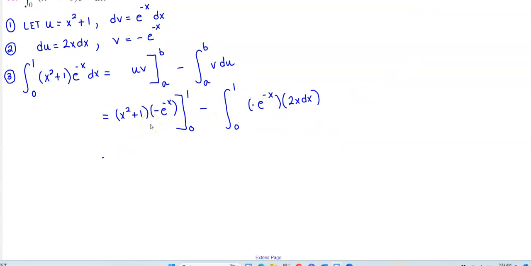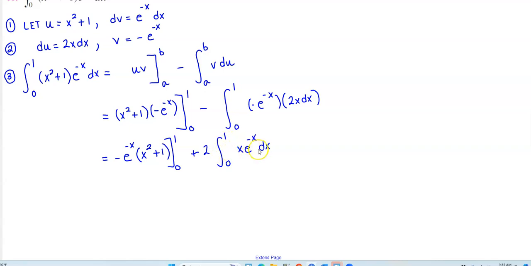Okay, so let's simplify this a little further. So we end up getting negative e to the negative x times x squared plus 1 going from 0 to 1. If we factor out the negative and that minus, this becomes a plus. So again, this negative times that negative makes us a plus. And then we can factor out the 2 going from 0 to 1. So we have x e to the negative x dx.